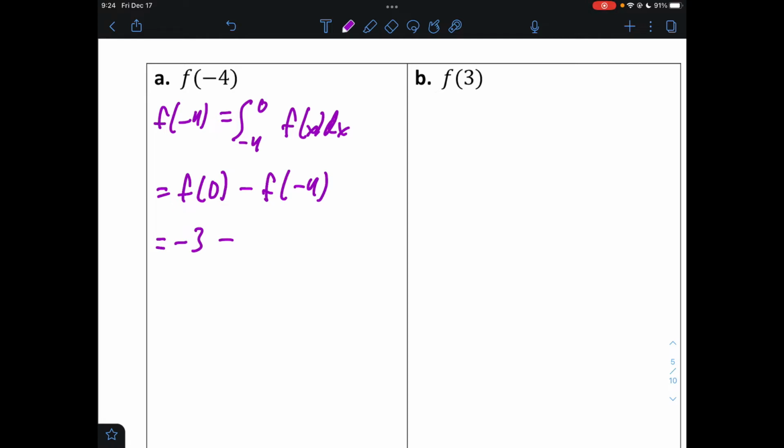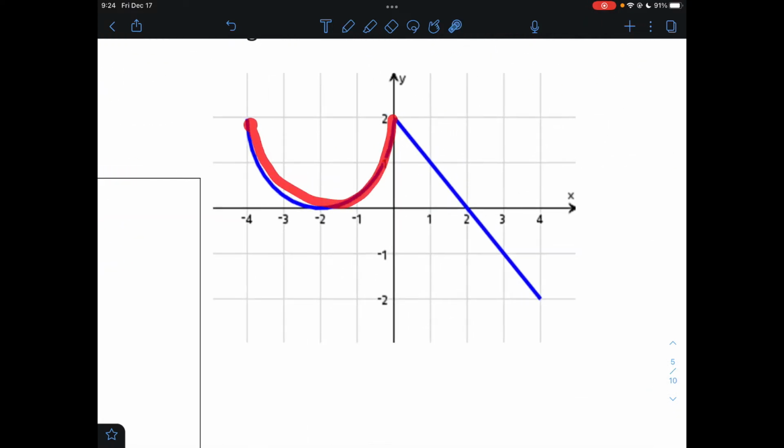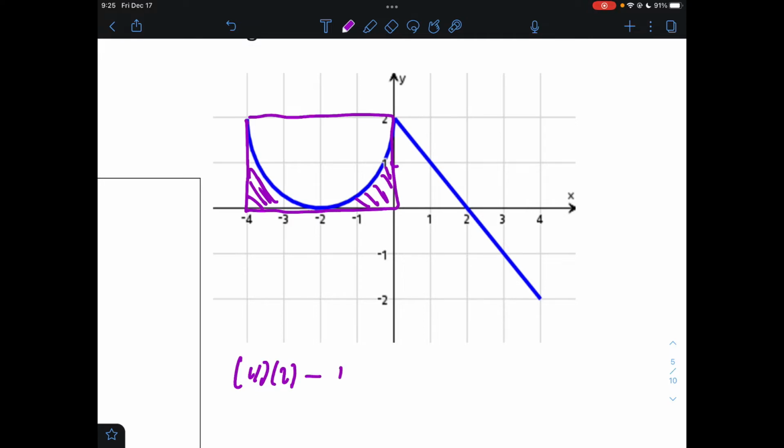So f of -4, you know it's going to be that semicircle there. If we draw a little rectangle in here, we're looking for this area here, which we could do as the rectangle minus the semicircle. So that rectangle would be 4 times 2, minus the semicircle, which is pi r squared over 2.